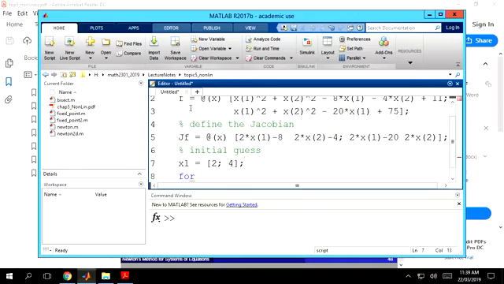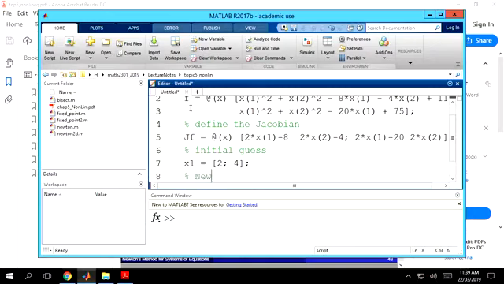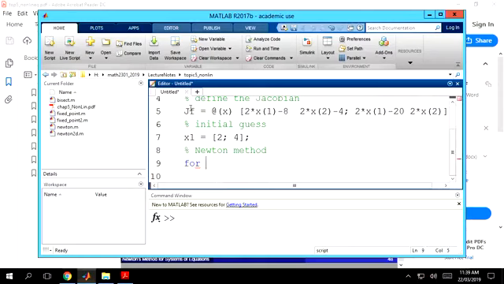And now carry out the iteration. So Newton method. So I just say, okay, for k equal 1 to say some iteration, say 15, or you can say n max, so n max will be 15, the maximum number of iterations.